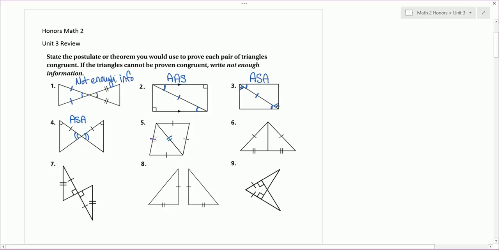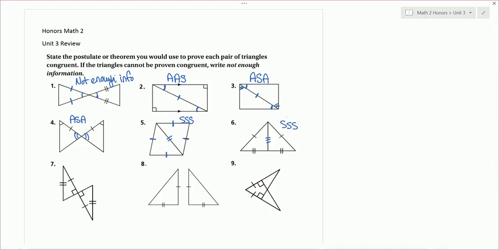We can say one of the lengths in the triangle on the left corresponds to one of the lengths in the triangle on the right. Again, we have the left corresponding with the right, so we have side, side, side. Number six, again we have a shared side, and again we have side, side, side correspondence.